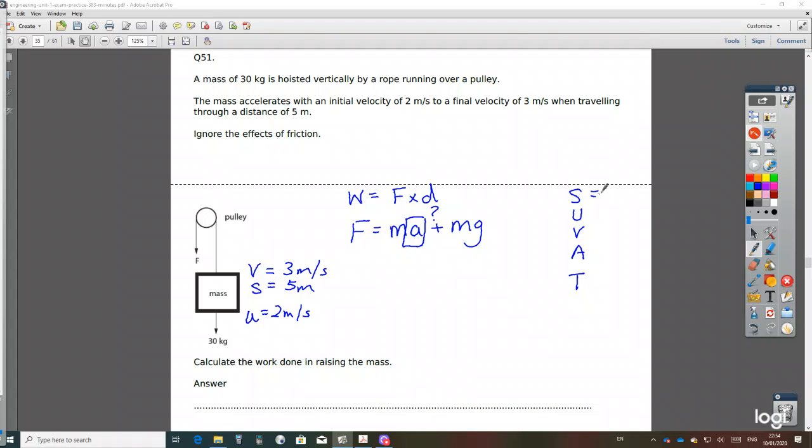So first of all, we know s, we know u, we know v, and we really want to find acceleration. We are not given time, so let's see if we have enough variables to calculate a. Just to let you know, in the BTEC Level 3 Unit 1 exam, and this is regularly applied in most exam questions when it's SUVAT, it is v squared equals u squared plus 2as.